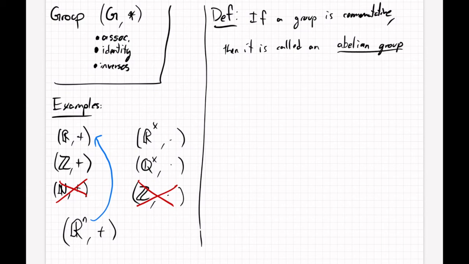Abelian, even though I haven't capitalized it, actually comes from someone's name. The mathematician is Abel. He was well known for proving that there is no general quintic formula. There's a quadratic formula, and there's a formula for cubics, for third degree polynomials, and quartics, if you've seen that.